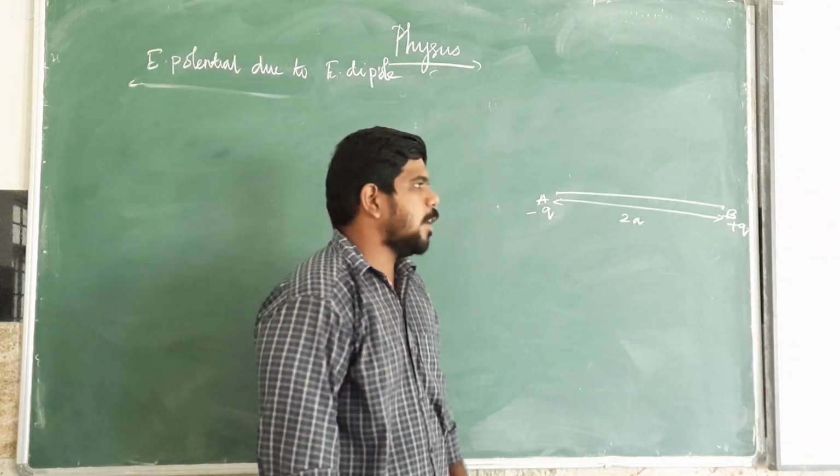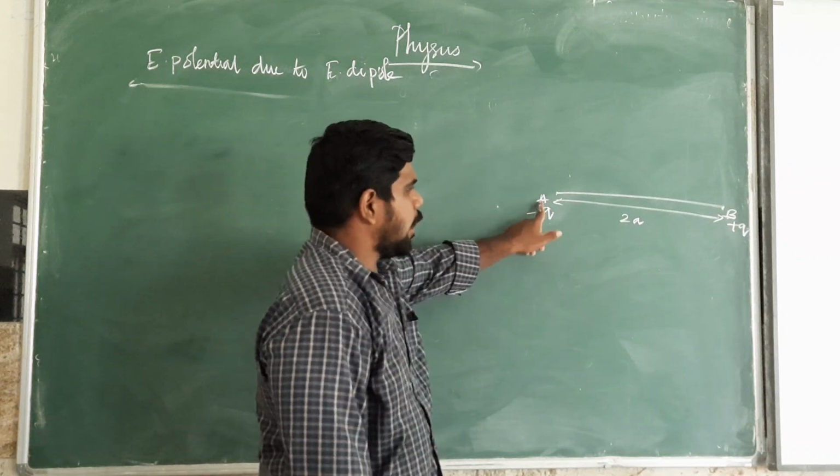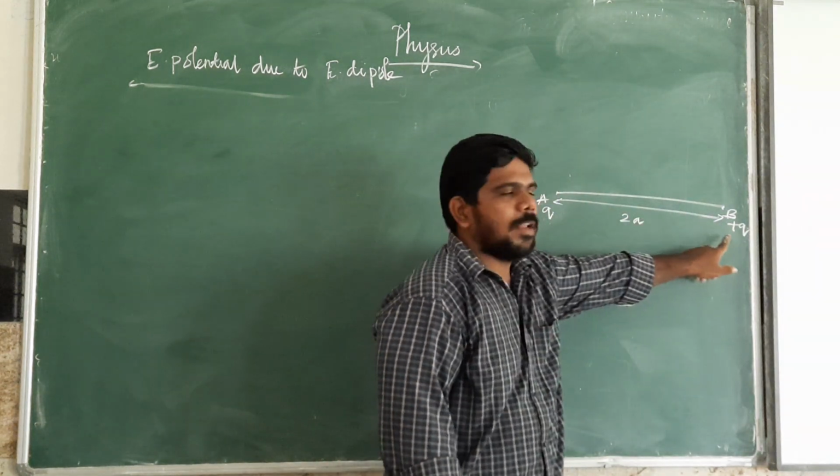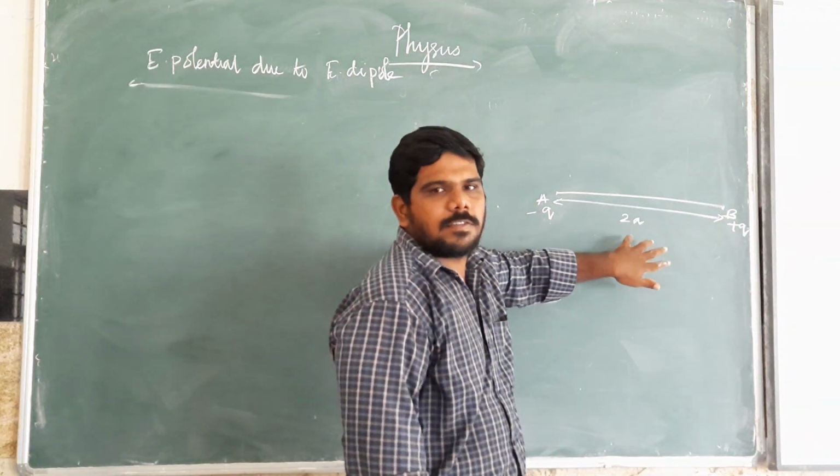Consider an electric dipole AB having charges minus Q and plus Q separated by a distance 2A.